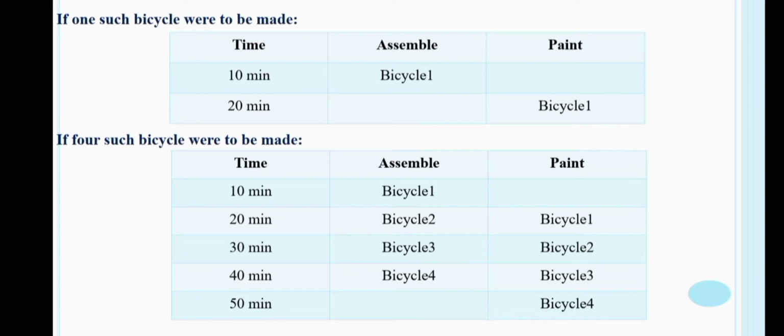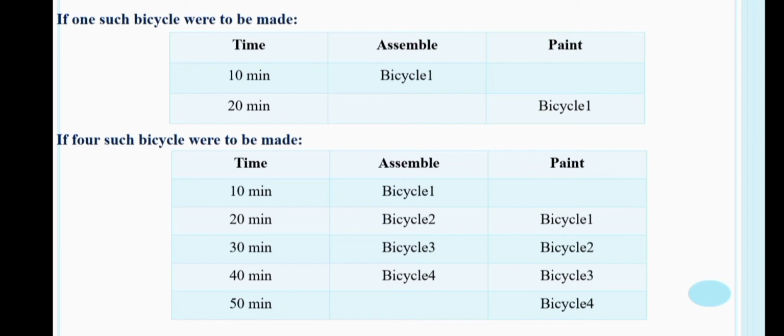This allows the next bicycle to move into the assemble stage. Because each process can work on a different bicycle, it is possible to be working on 4 bicycles at the same time. It still takes 20 minutes to complete a bicycle.